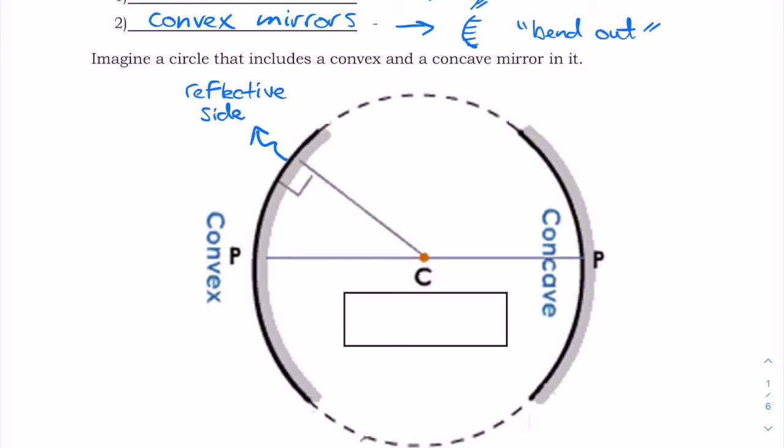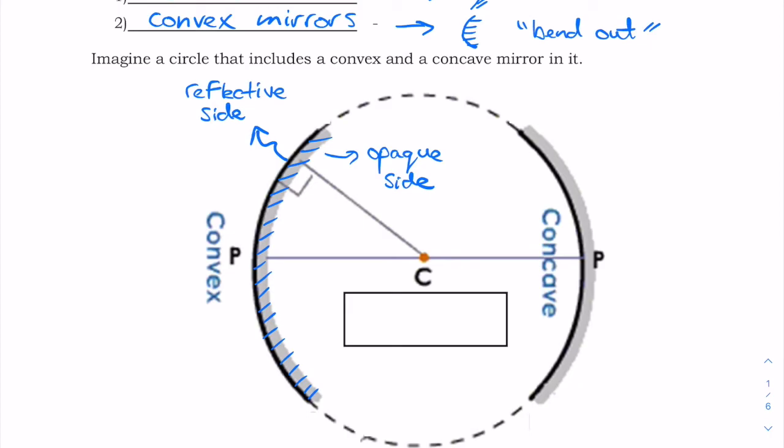And the back part would be the opaque side. Remember, we usually use this hashed line to represent that. Okay, so notice that the reflective side would bend away from the light.